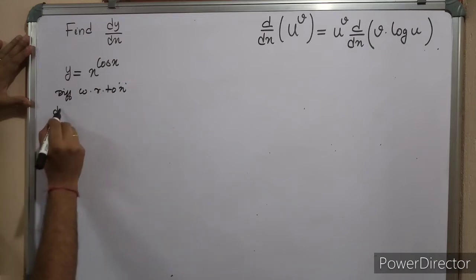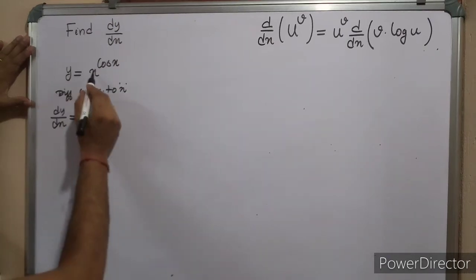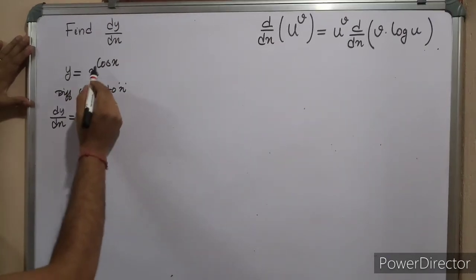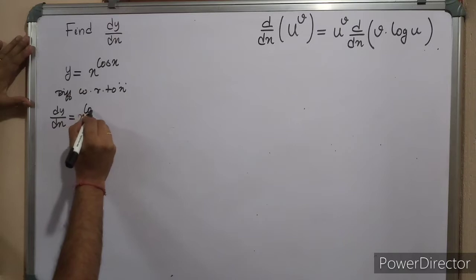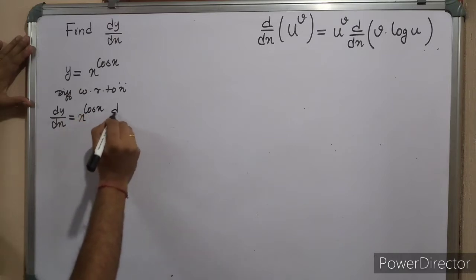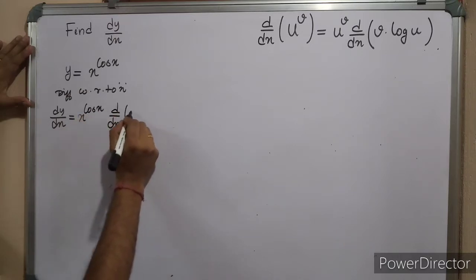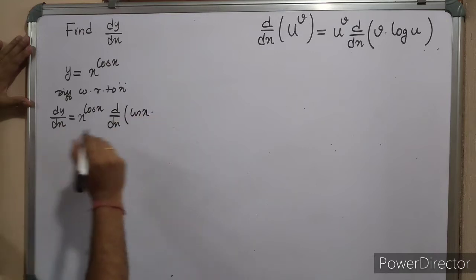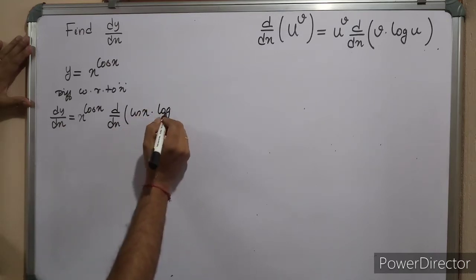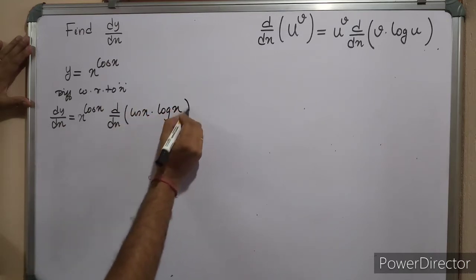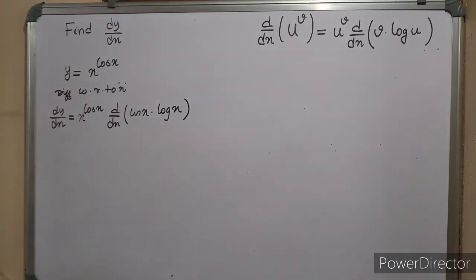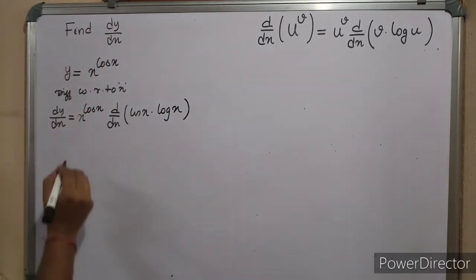Now then this one will be dy over dx equals to, the formula is there, u to the power v, x to the power cos x, dy/dx of v, then log of u is log x. In this case, v is cos x, u is x.